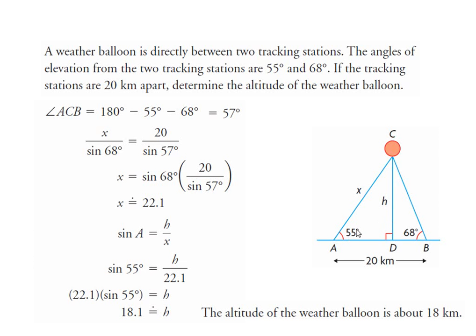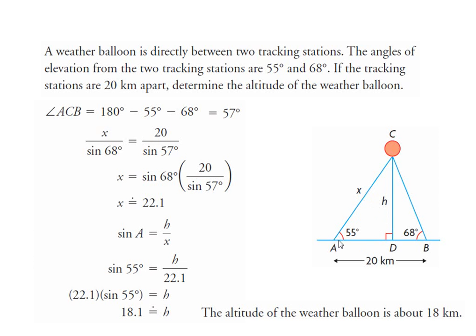Because for this 55 degrees, the h is opposite. This is the opposite side, right? And the x is the hypotenuse. Okay, so the opposite and the hypotenuse are involved, and then sine, right? Sine comes to our mind.